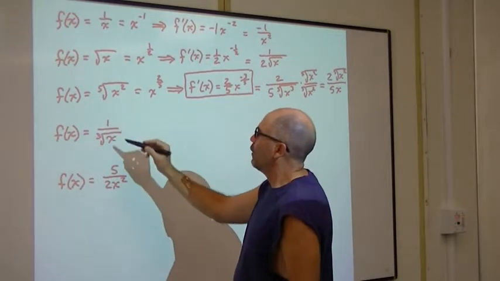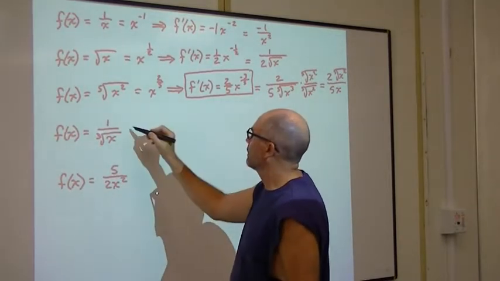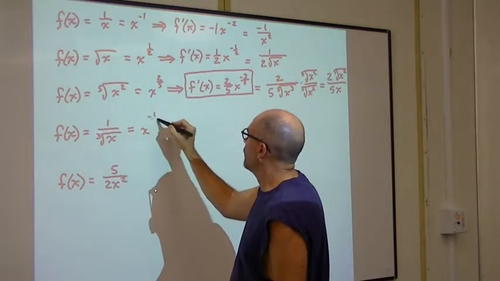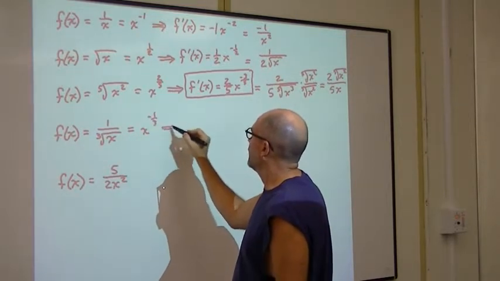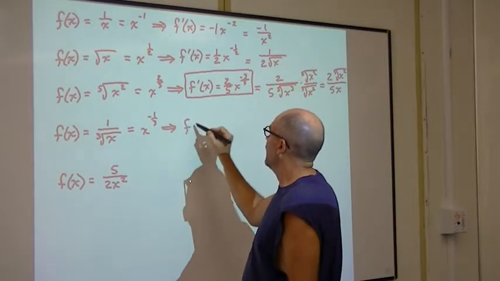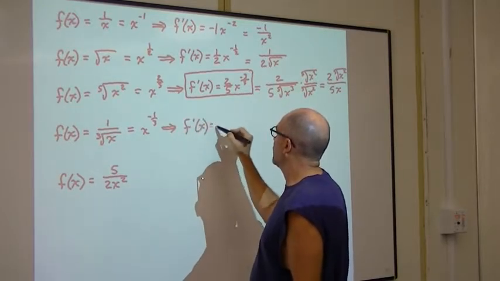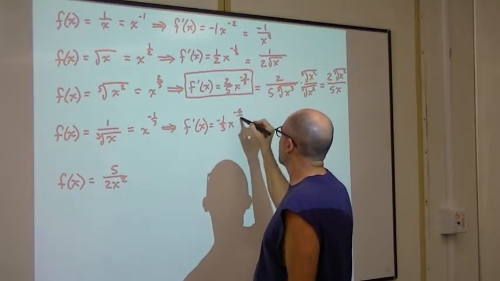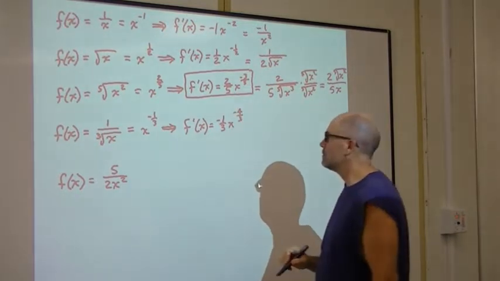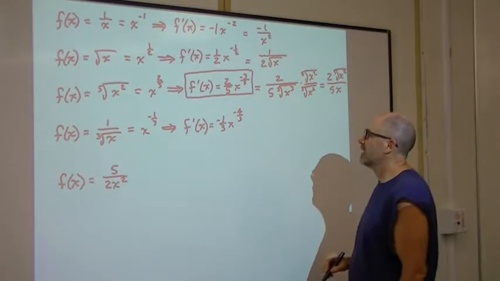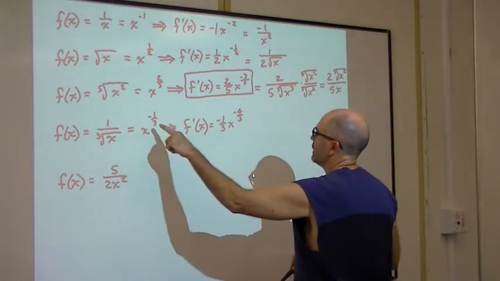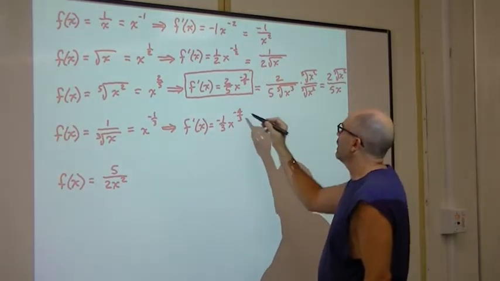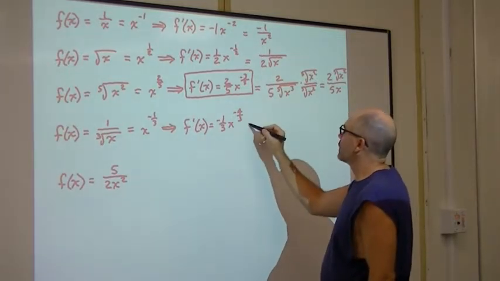What about 1 over the cube root of x? All right, so that equals x to the negative 1/3. Okay, so what's my derivative then? F prime of x is going to equal negative 1/3 x to the negative 4/3. And once again, notice, bring the exponent down, drop it by 1. And like I said, we can turn this into radical form.